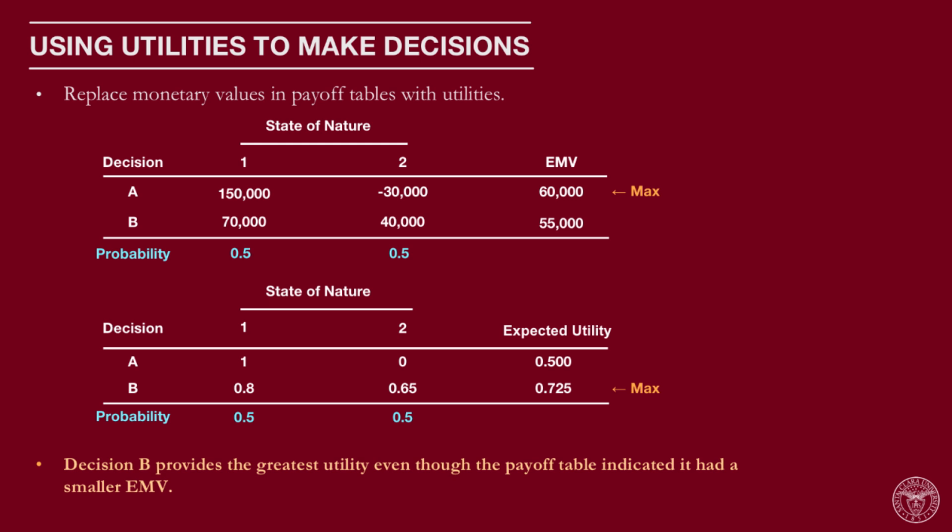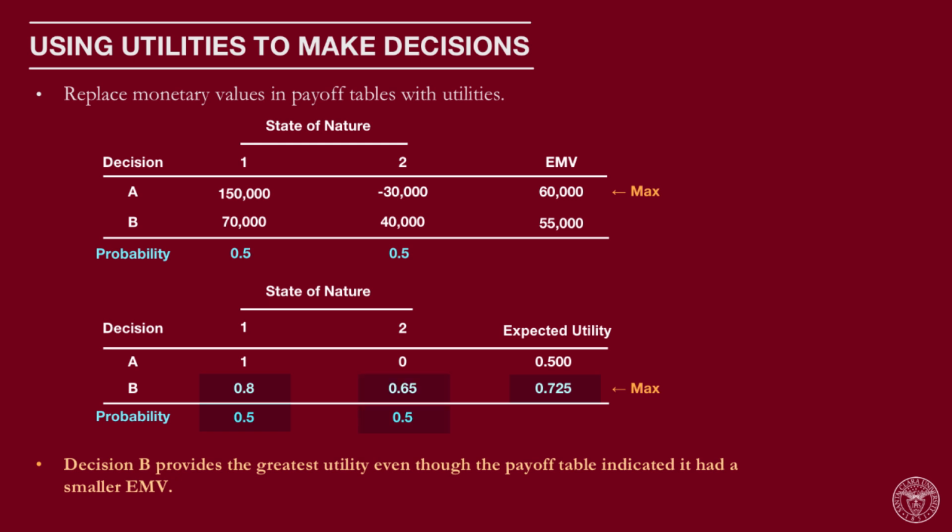Similar to the way of obtaining EMV, we can get the expected utility. If we use 1, the utility of decision A in state of nature 1, times 0.5 plus 0 times 0.5, we get 0.5 expected utility for decision A. Similarly, we can get 0.725 expected utility for decision B by multiplying 0.8 times 0.5 plus 0.65 times 0.5.